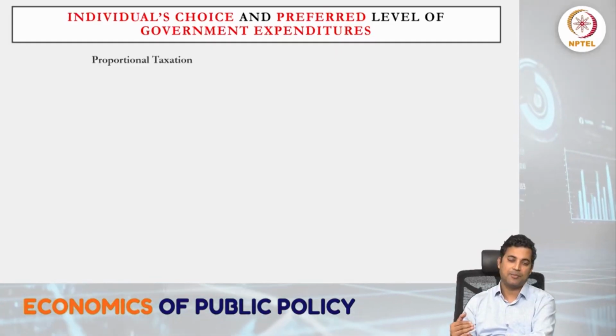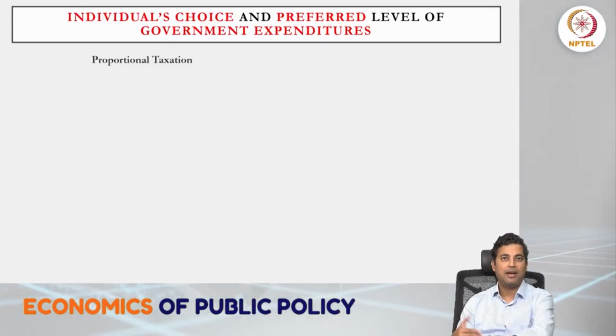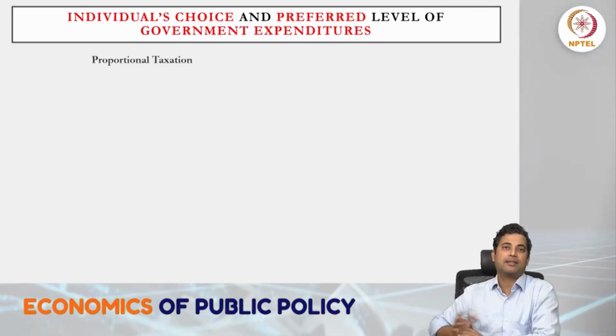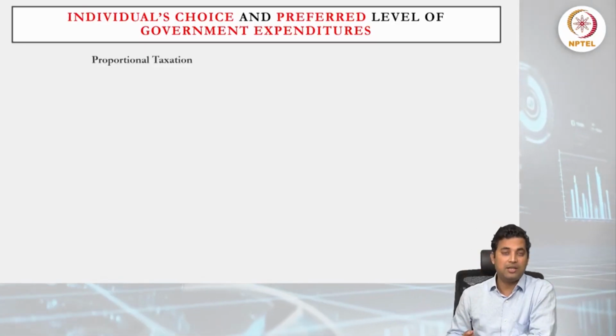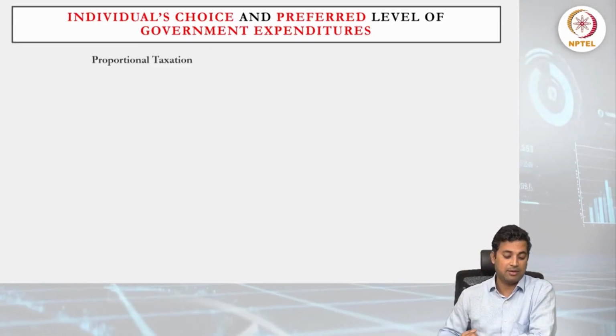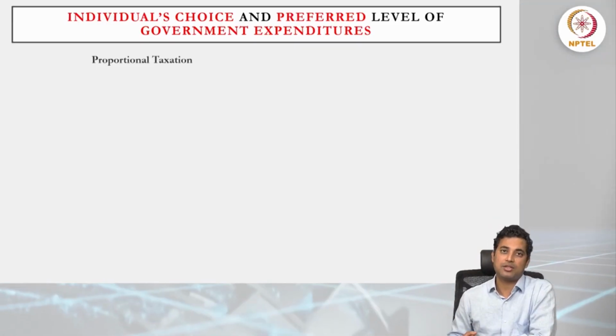As income varies, like y1, y2, y3, tax is collected accordingly, and that is how tax revenue is generated, through which government spending takes place.